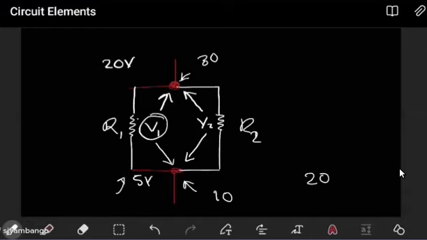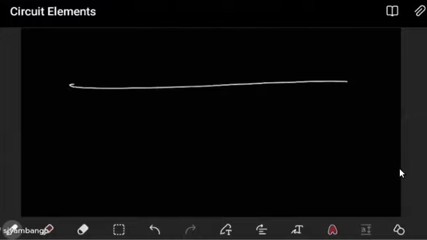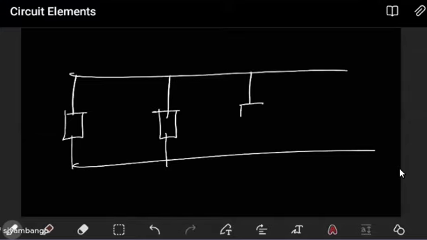So whenever you have elements which are parallel, it implies that the voltage difference across their terminals will be the same, regardless of how many they are. Even if I had one line like this and another line like this, then I have elements here, another element here, another element here, and then maybe here I can even put the voltage source.